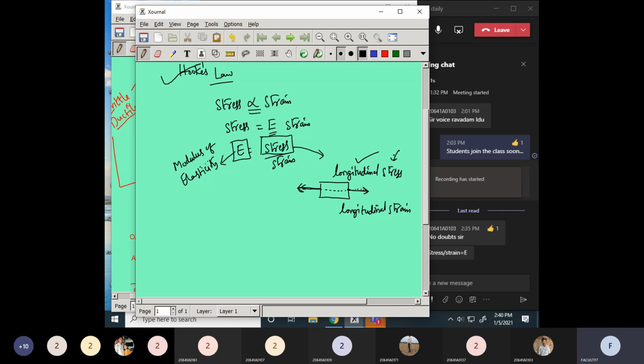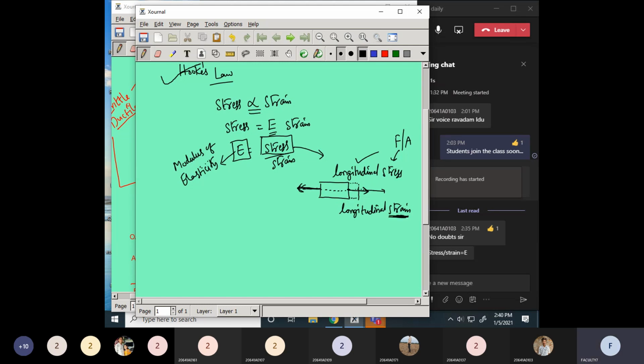The stress is given as force per unit area. The result here is an elongation, occurring in a straight line in this particular direction. That's why it is longitudinal.